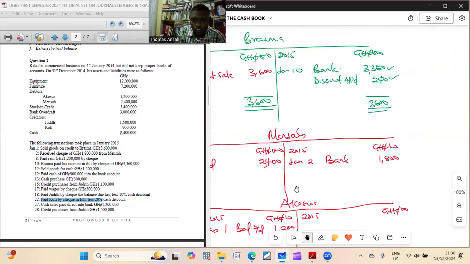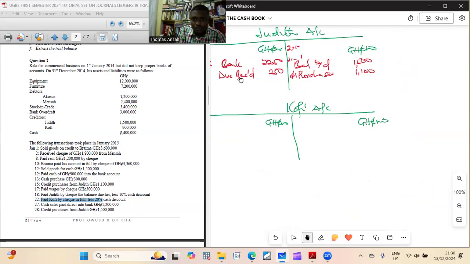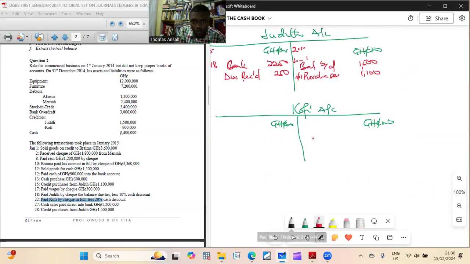So let's go to Kofi. So Kofi had a balance brought down for January 1, 2015 of 900. We have paid Kofi. And how did it happen? We paid Kofi on January 22 by bank of 720 and a discount received.